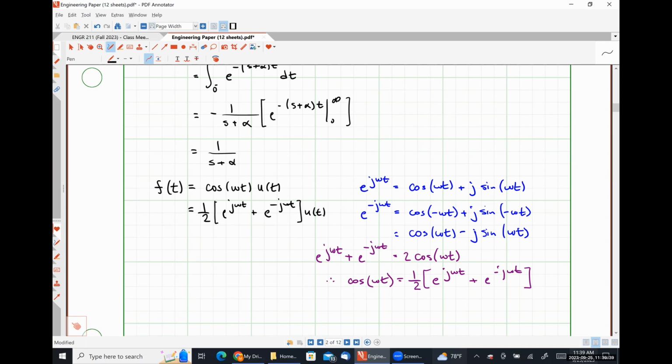Or 1/2 e to the j omega t u of t plus 1/2 e to the negative j omega t u of t. So now that I've expressed my function as a sum of exponentials, I can just use these results to figure out what the Laplace transform is without having to do a bunch of integration by parts and other tomfoolery that I don't want to do because it's hard.